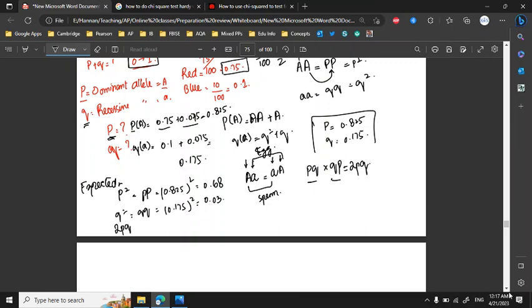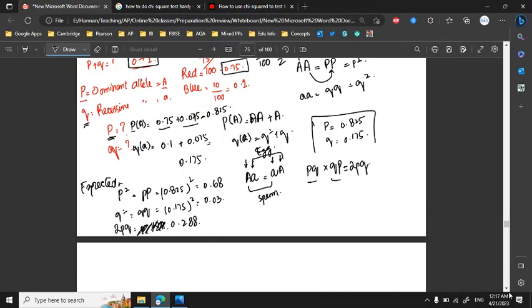Now 2PQ equals 0.175 into 0.825. It is going to be 0.144. Now these are the values. I did not multiply it with 2, I'm sorry. 0.175 into 0.825 into 2, it is going to be 0.288.